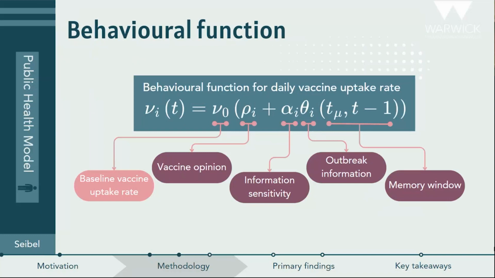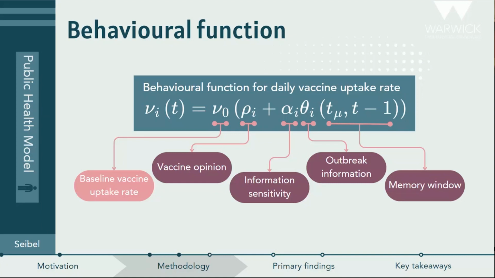So we have basically a fixed vaccine uptake rate, which we would normally have, some reasonable estimate. I've been using 0.005 for this value, but the important ones to note are vaccine opinion, which is this rho value, and information sensitivity, which is this alpha.